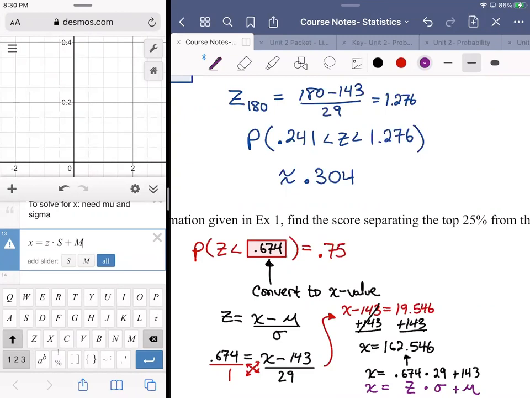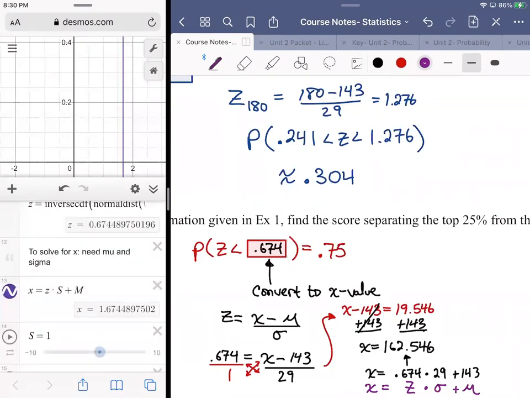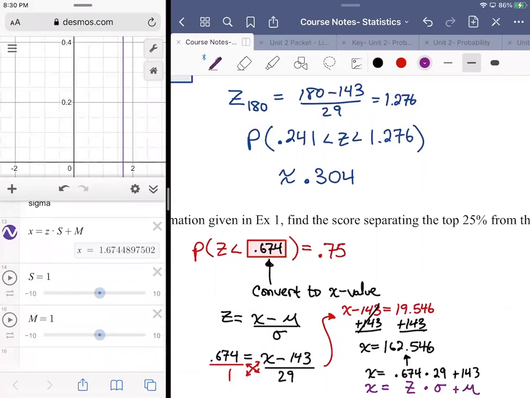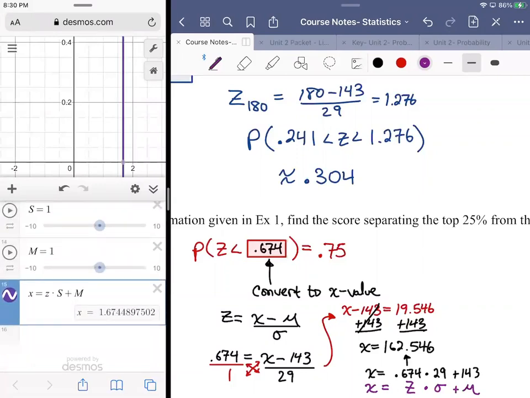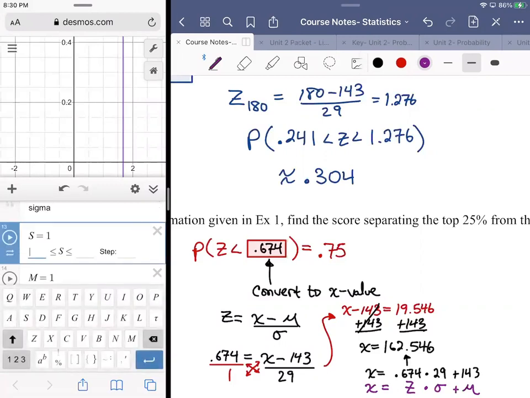All right. So all on sliders. I like to have the sliders come before my computation. That's personal preference. If you don't care about that, then that's okay too. But then what I can do, I got my Z in there. I can manipulate my sliders. My sigma value is 29. If you tap on it, it allows you to change the range.